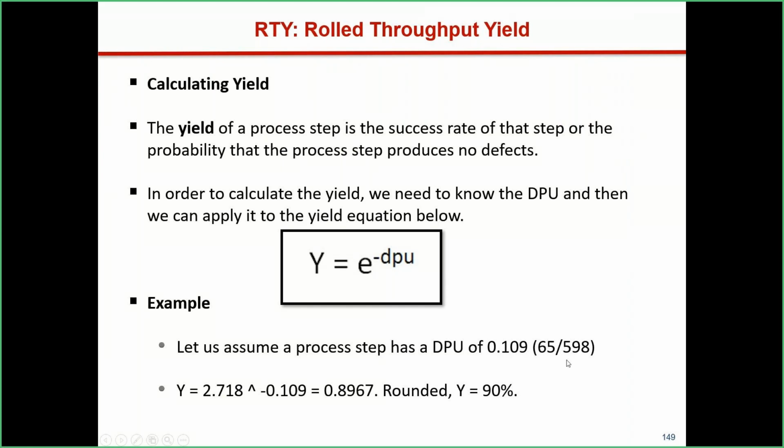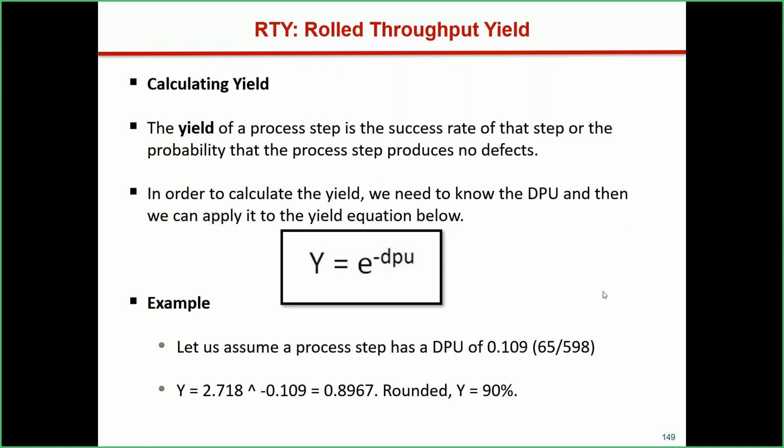So 65 is the defects and these are the number of units. Yield equals 2.718 raised to minus 0.109. That rounds to 0.8967, rounded to 90%. So this is how you find the yield of a given process step.